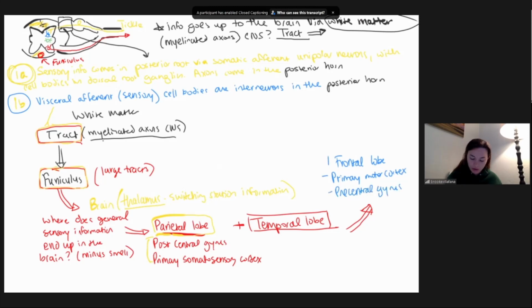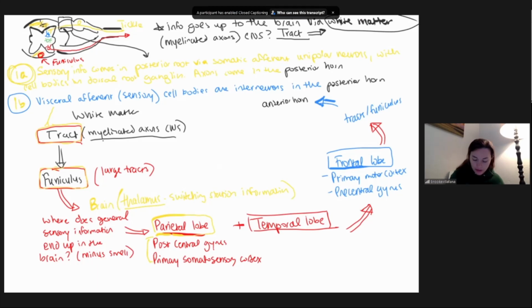So we're getting our motor command coming down. So motor is sending its signal. I should have used yellow that whole time and red now, but too late. So motor is going to send its signal down through the frontal lobe, and it's going to use different tracts. So we're going to use tracts and funiculus. It's going to bring that motor signal all the way down until we get to our anterior horn, because this is somatic, which is the example I gave you guys.